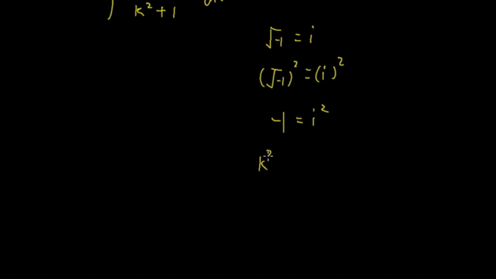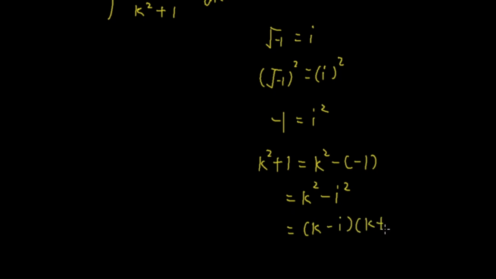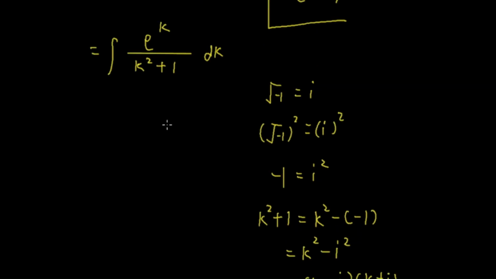Now, k squared plus 1 is also equal to k squared minus -1, right? You can see it like this. That means here, -1 is equal to i squared. So we can see this as k squared minus i squared, right? Now, this is minus here, which we can factor by difference of squares. That will be k minus i times k plus i.